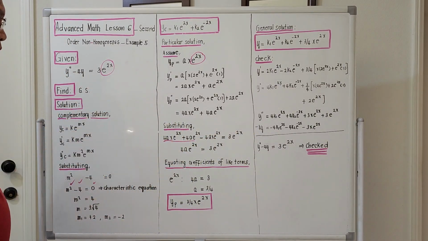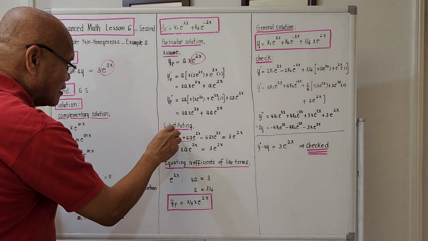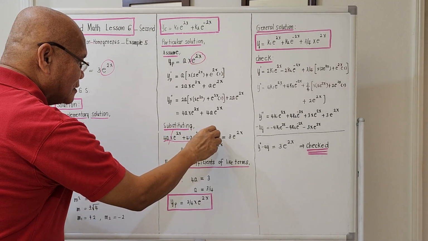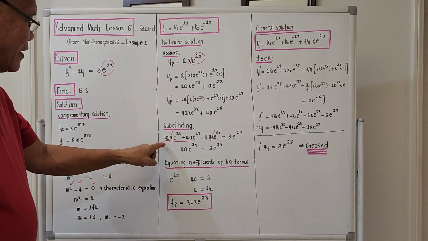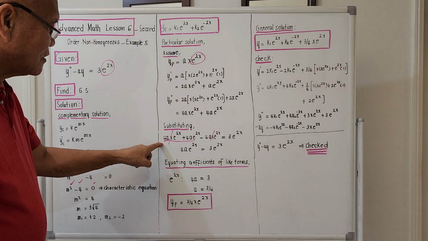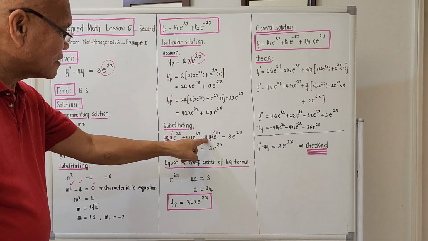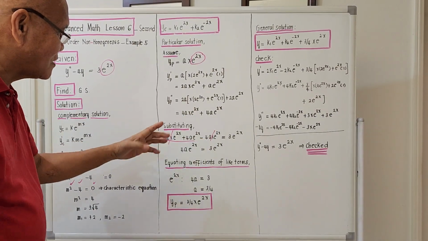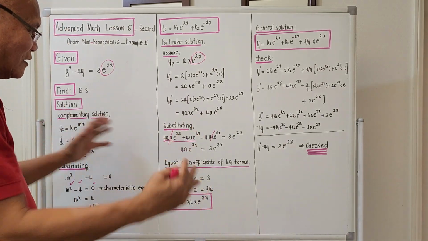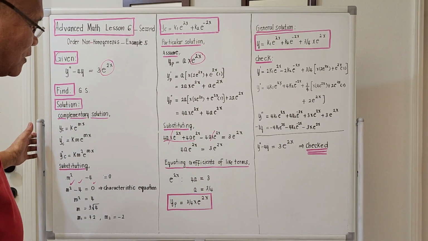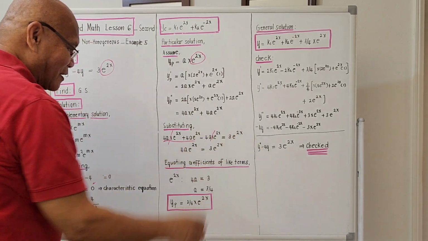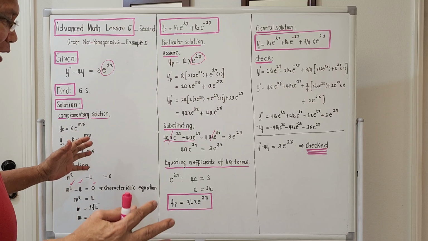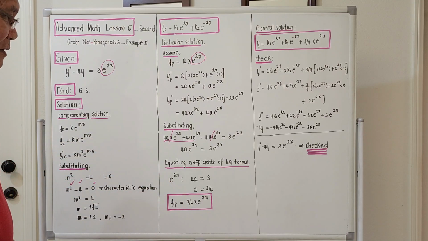There is a common term, this one cancels. Luckily, 4a x e to the 2x is positive, this is negative 4a x e to the 2x. This minus is plus, they cancel out. So what remains in the equation will just be simply 4a e to the 2x equal to 3e to the 2x.